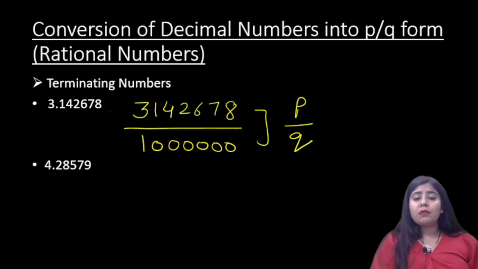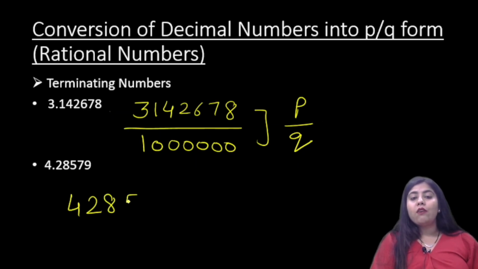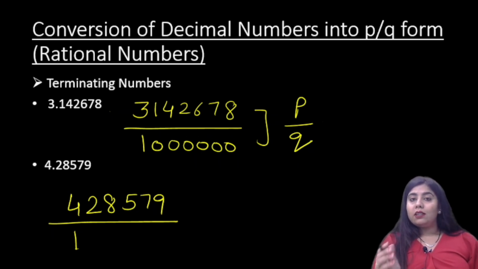Okay, in a similar manner, if you see the second one, 4.28579, just write the number without decimal point, 428579. After that you have to write the denominator, just write 1 and put the number of zeros equal to the number of digits that are after the decimal point.